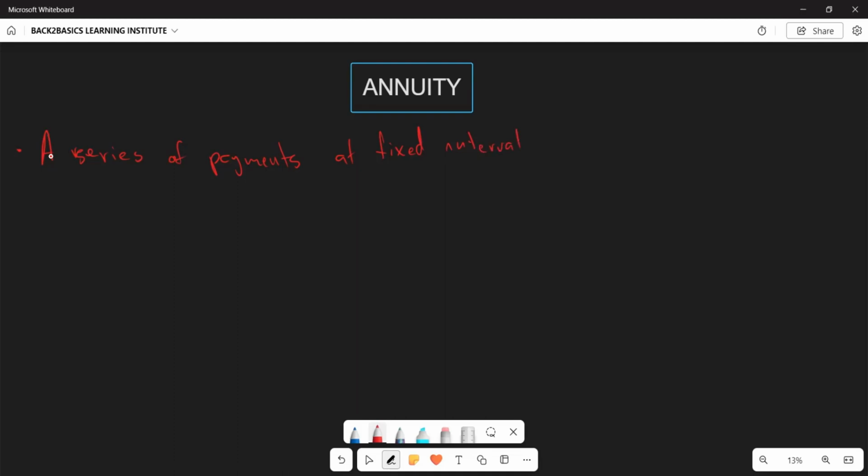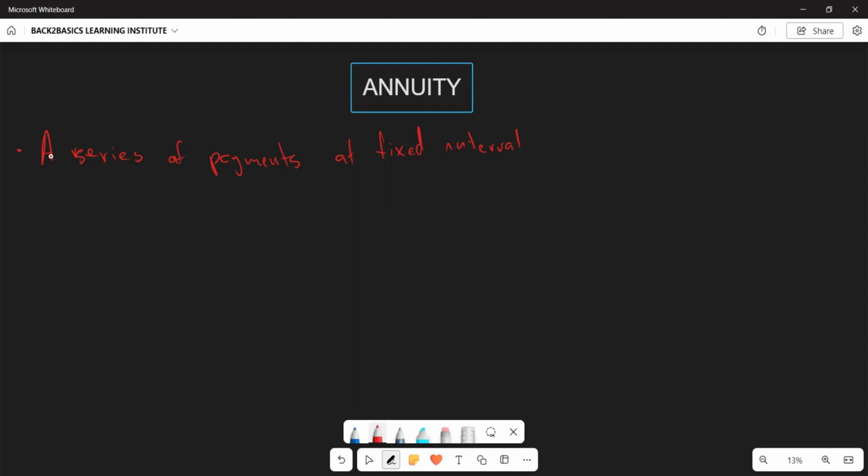Now, for example, let's say you want to finance something, let's say a house. Obviously you are going to take a chunk of money, and you would need to repay the loan.